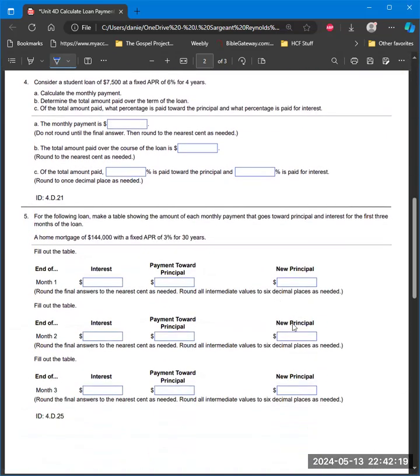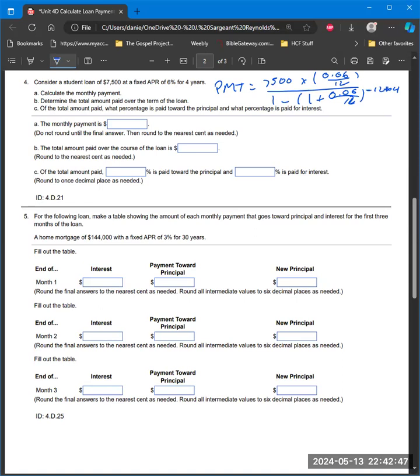Now, a student loan of $7,500 at a fixed APR of 6% for 4 years. The monthly payment is $7,500 times 6% over 12, over 1 minus 1 plus 6% over 12 to the negative 12 times 4.